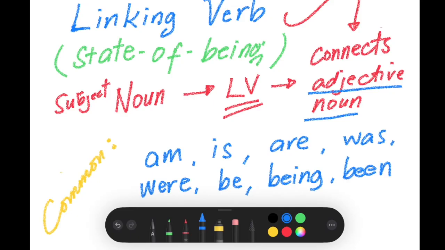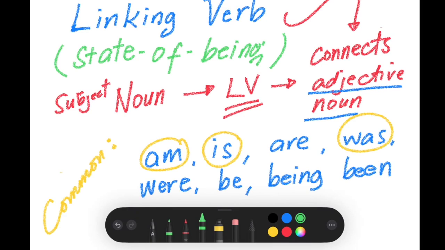One thing that we need to also understand is that we will use am, is, or was if we speak about one person, place, or thing, or if our subject is singular. So we use am, is, and was if the subject is singular. If we are talking about one person as the subject of our sentence, then we use am, is, and was.